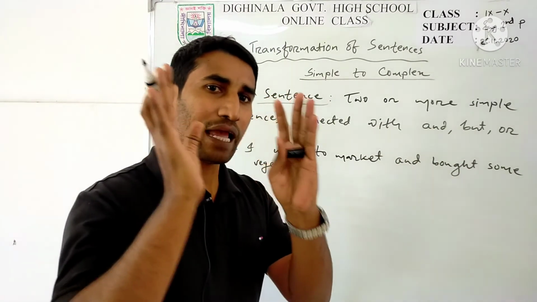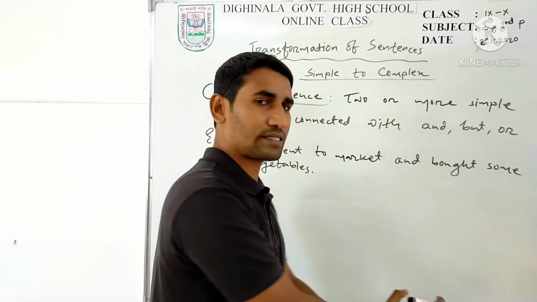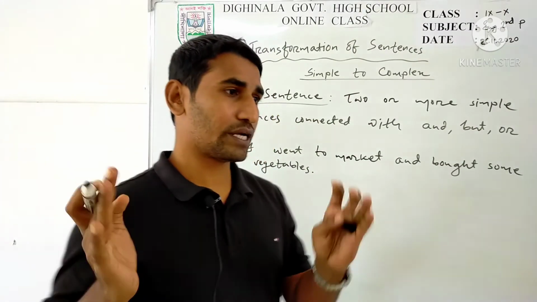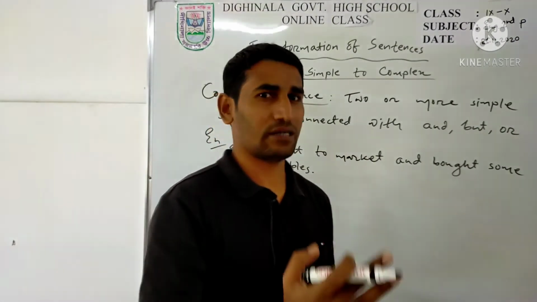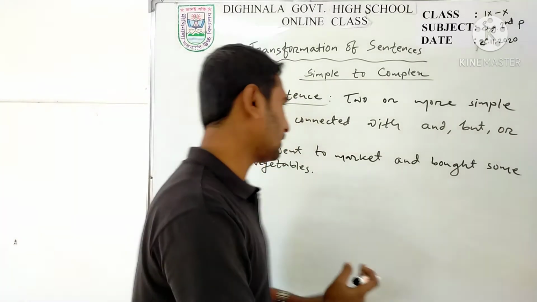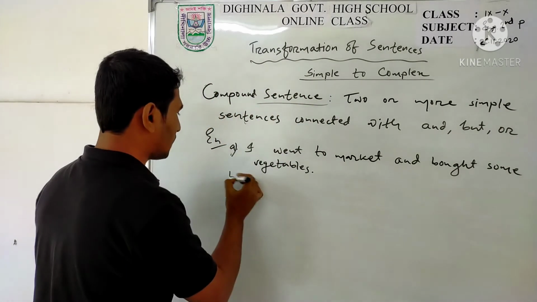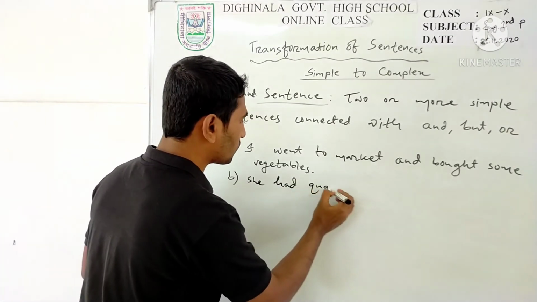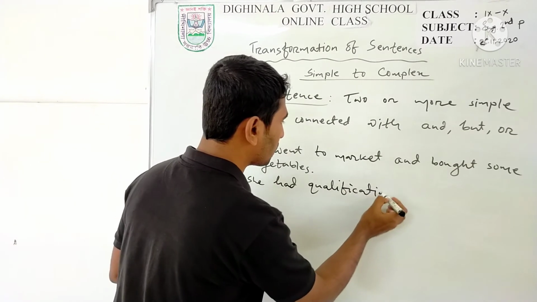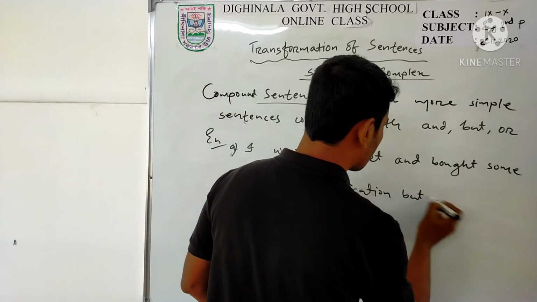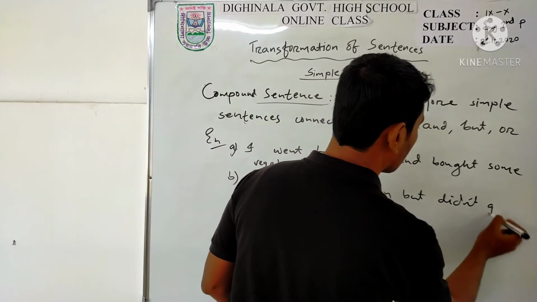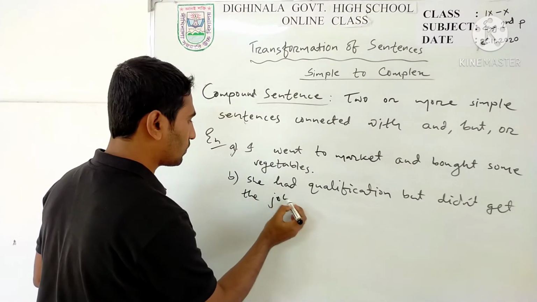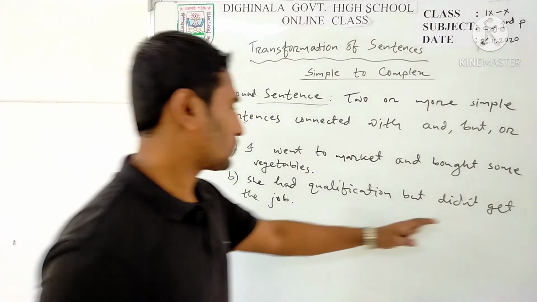You need two activities. If the two activities have a similar meaning, the same meaning, then you can make it compound with and. Another one: she had qualification but didn't get the job.